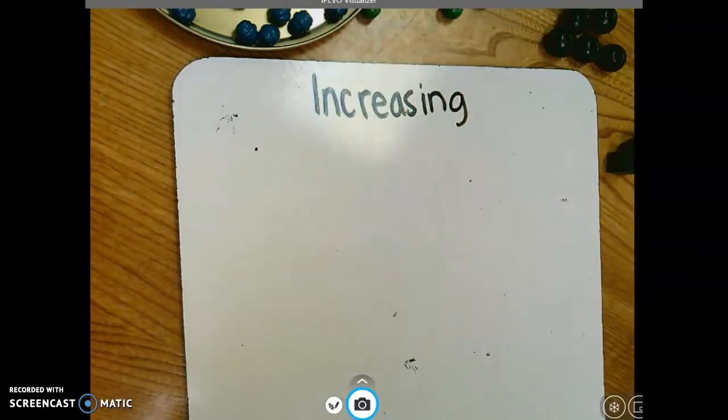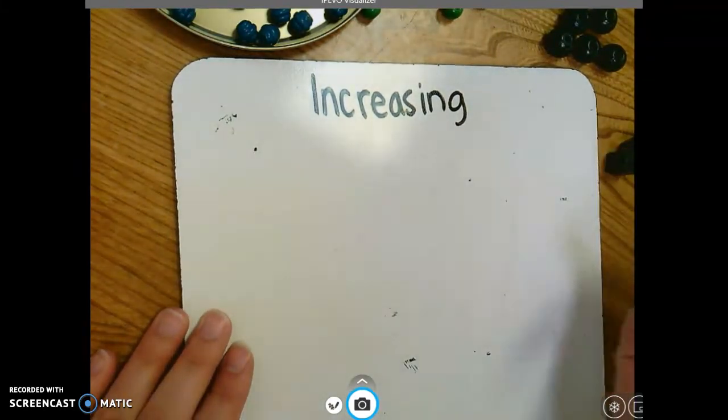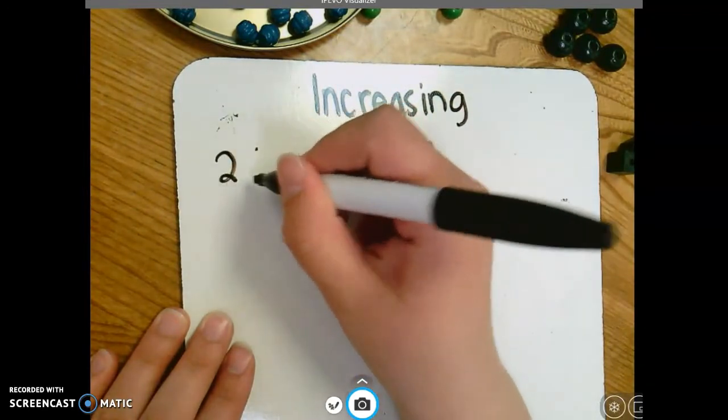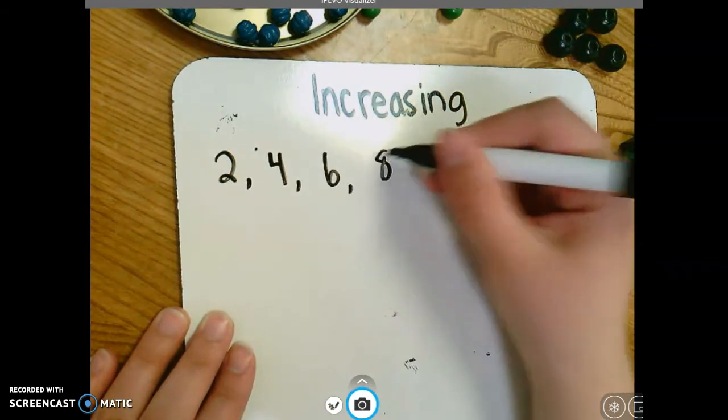If this is somewhere where your child is at, we start to talk a little bit in grade 2 about symbolic patterns, so just using the numerals as symbols. So an increasing pattern using those numerals might be 2, 4, 6, 8.